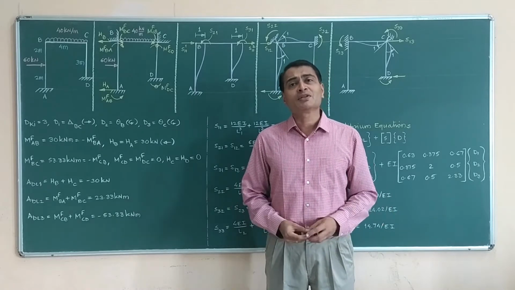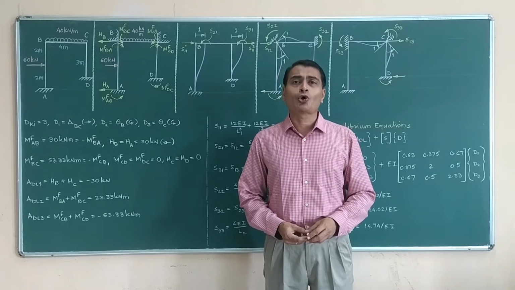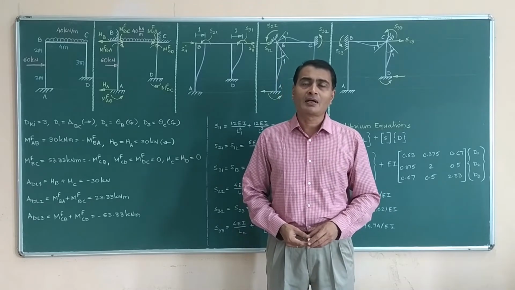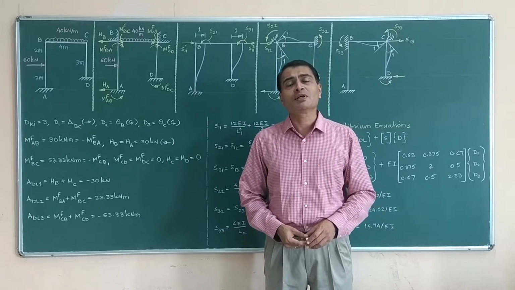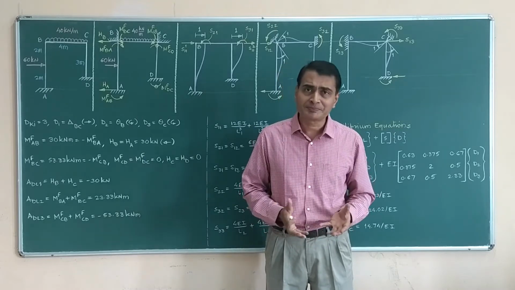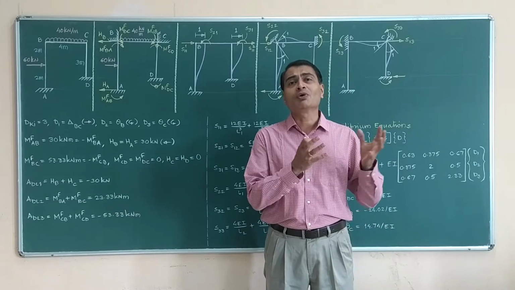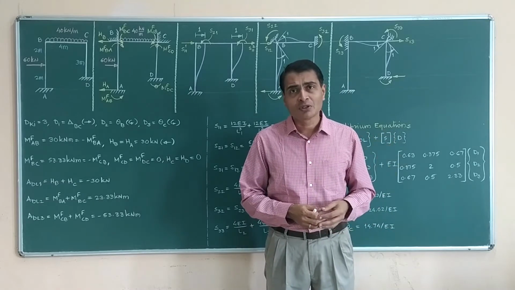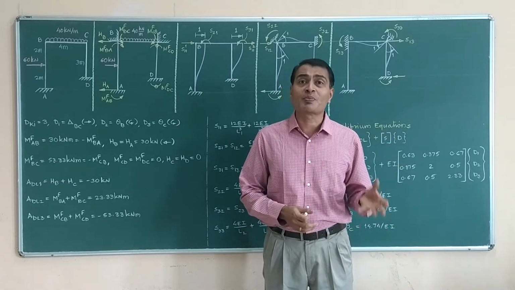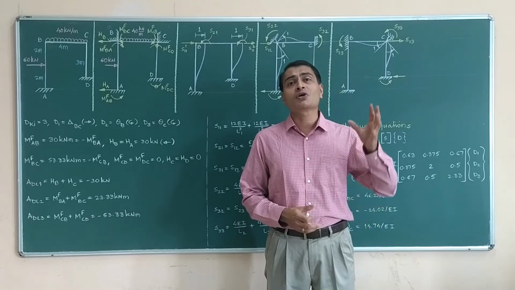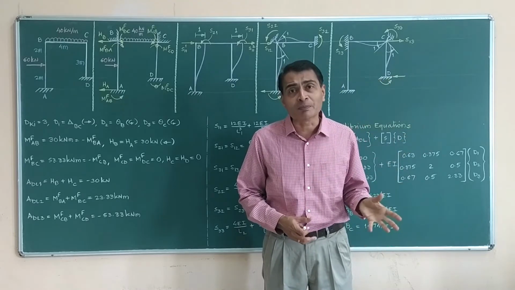You must be remembering that in slope deflection method or moment distribution method, analysis of sway frame is quite involved. In slope deflection method, we have to consider equilibrium of each column. We have to find end shears, base shears. Then we have to consider equilibrium of the entire frame.